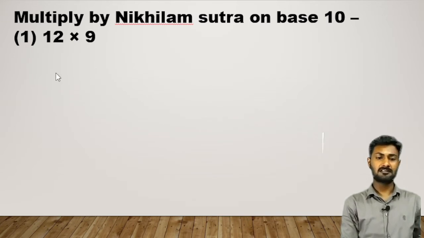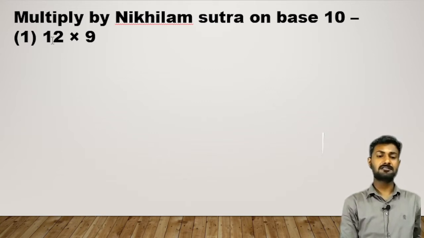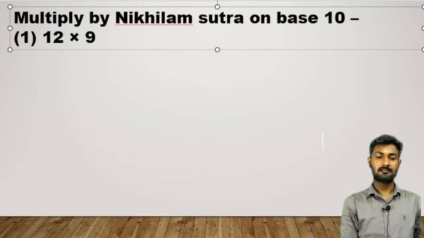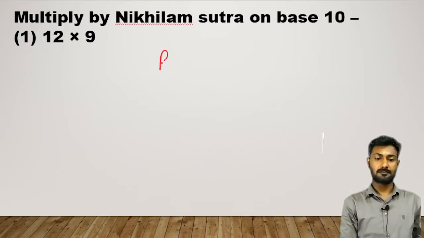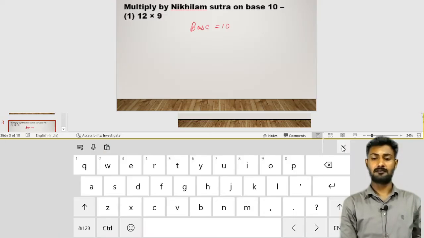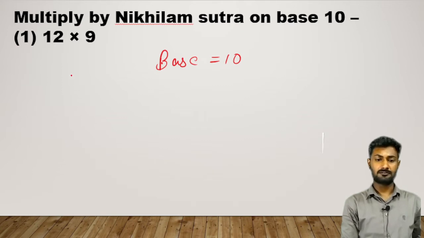Now come to the question of our exercise 4.4. The first question is 12 multiplied by 9. Here base is 10, because both numbers are nearer to 10.